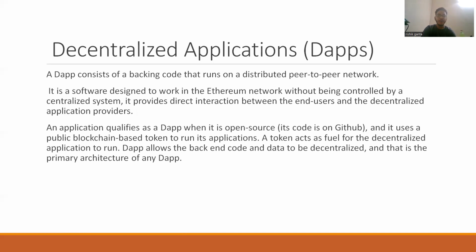An application qualifies as a dApp when it is open source, that is, its source code is on GitHub, and uses a public blockchain based token to run its application. A token acts as a fuel for the decentralized application to run. dApp allows the backend code and data to be decentralized. That is the primary architecture of any dApp.